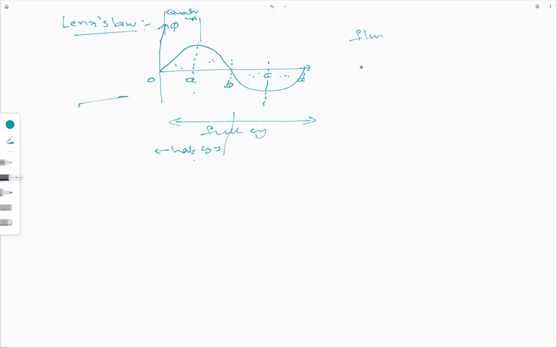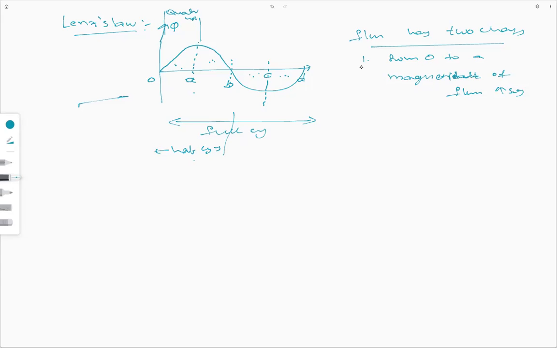Flux has two changes. What are the two changes? First one is from 0 to A: the magnitude of flux increases, or I can say flux linkage to the coil increases.